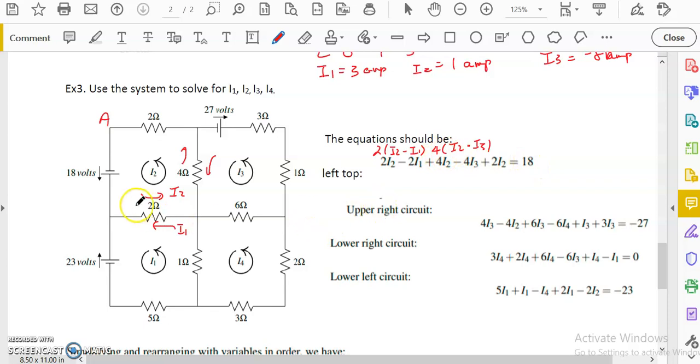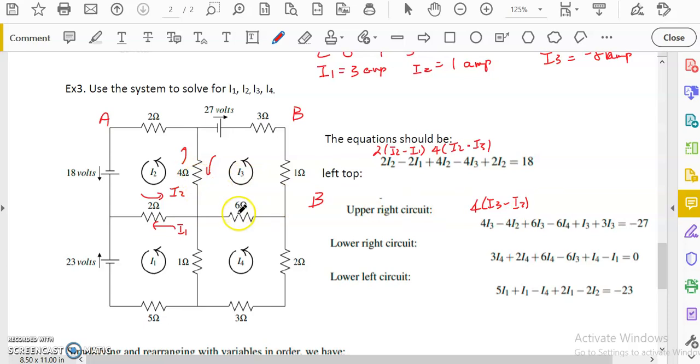The second equation is the upper right, so we say B. The first term is 4 times (I3 minus I2), since the resistor is 4 and the current is I3, but I2 goes opposite.